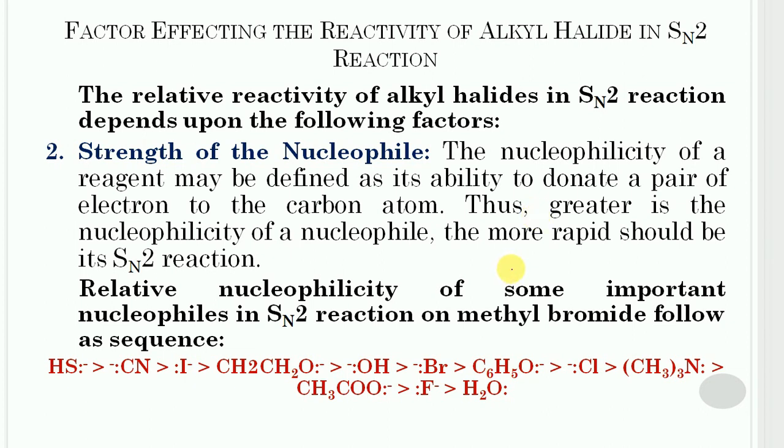The nucleophilicity of a reagent may be defined as its ability to donate a pair of electrons to the carbon atom. Thus, the greater the nucleophilicity of a nucleophile, the more rapid should be the SN2 reaction. The relative nucleophilicity of some important nucleophiles in SN2 reaction on methyl bromide follows this sequence.